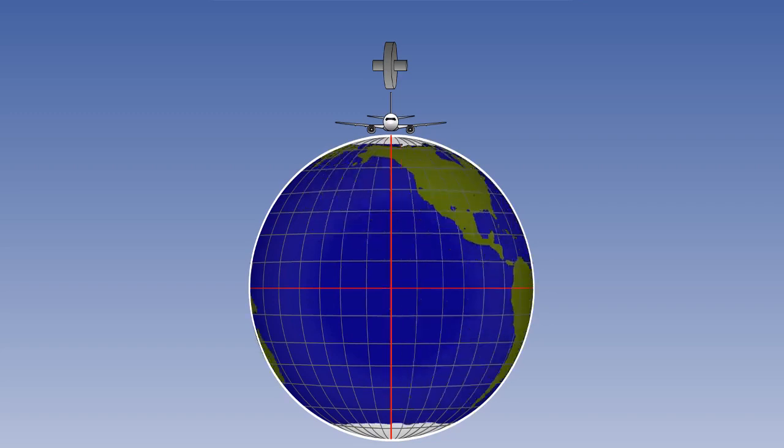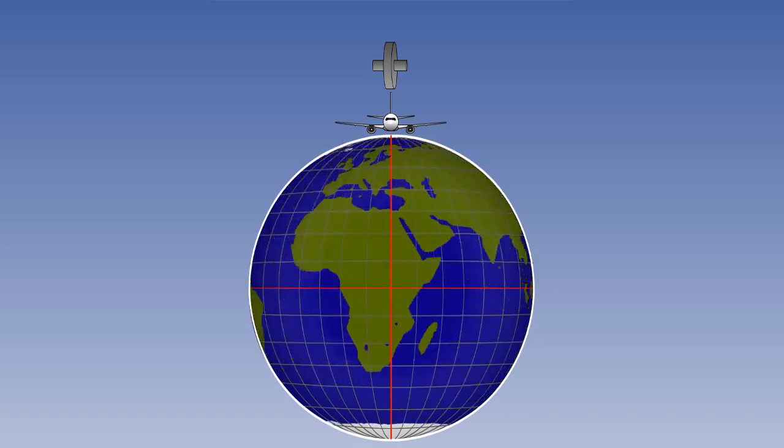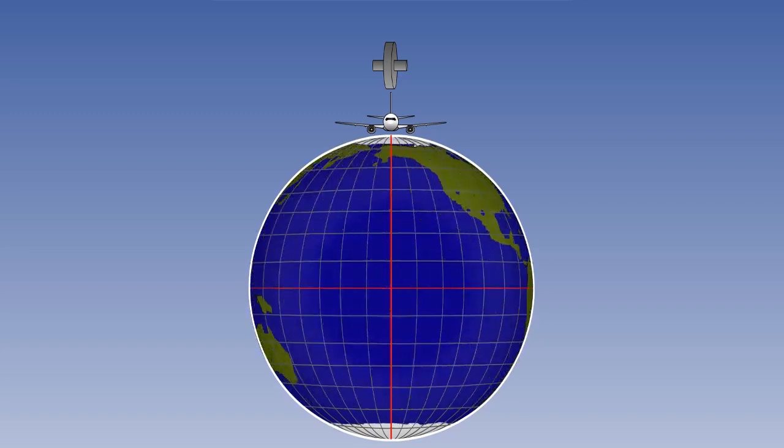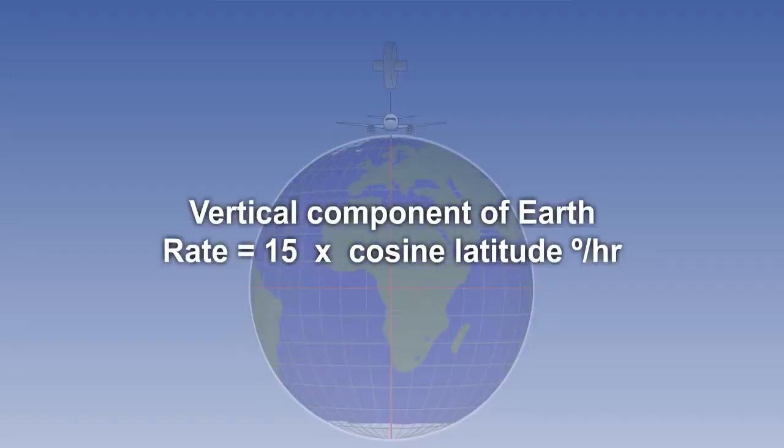So, at the pole, we get 0 degrees per hour vertical component of Earth rate. The cosine of 0, or the latitude of the equator, is 1. The cosine of 90 degrees, or the latitude of the pole, is 0. This gives us an equation for the vertical component of Earth rate. It's 15 times the cosine of the latitude in degrees per hour.